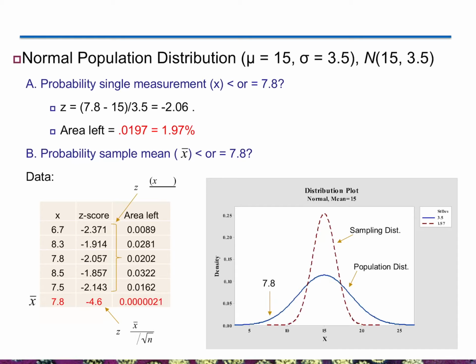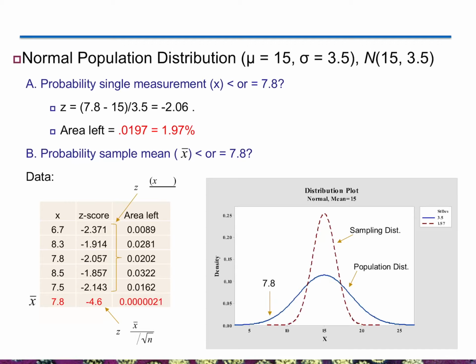If we have a population distribution, a single value far away from the population mean is more likely to occur than a sample mean of, say, 5 individual measurements of the same value. That's because individual measurements are much more variable than averages or sample means.